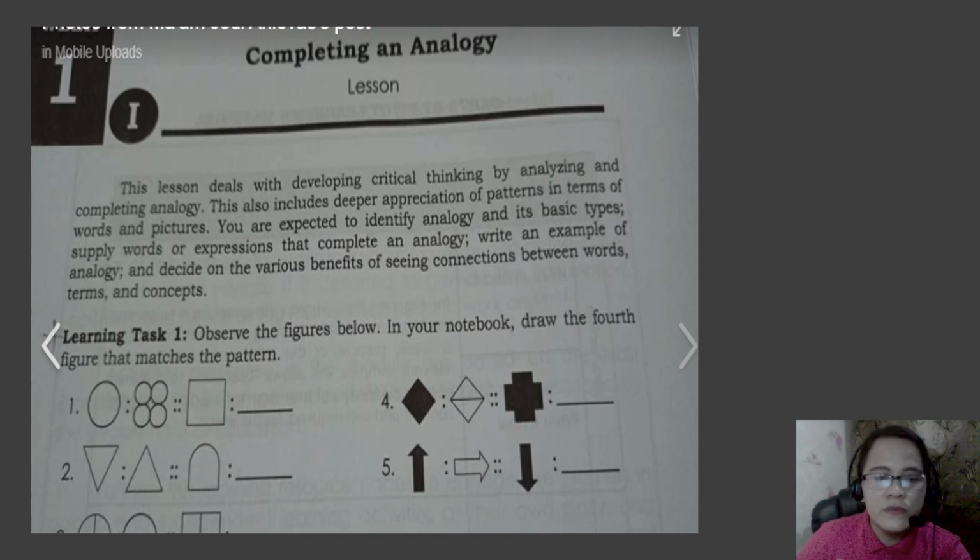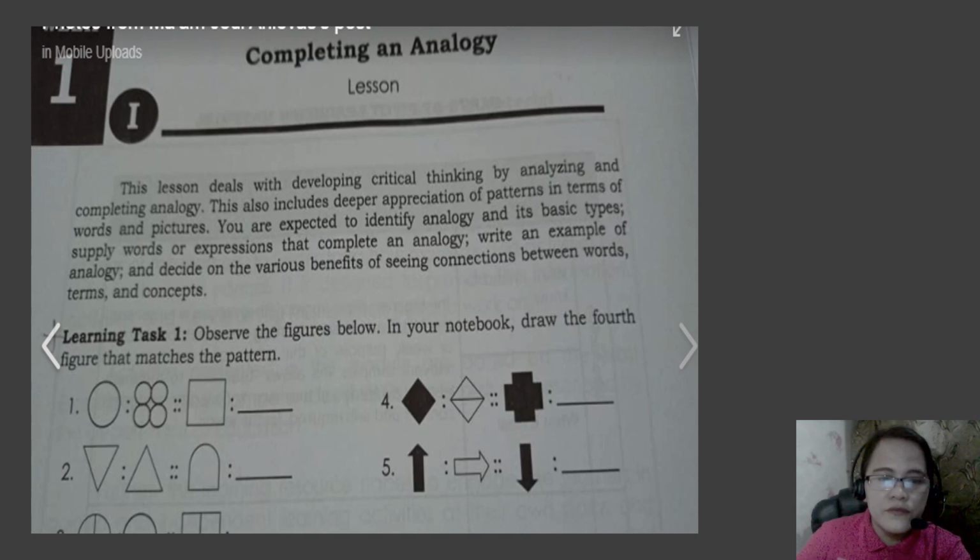For figure number 1, we can see here a circle, and then tong column na to, we can read this as is 2. A circle is 2. Ang kasunod niya ay 4 circles na tabi-tabi. And then, ang next figure ay square.